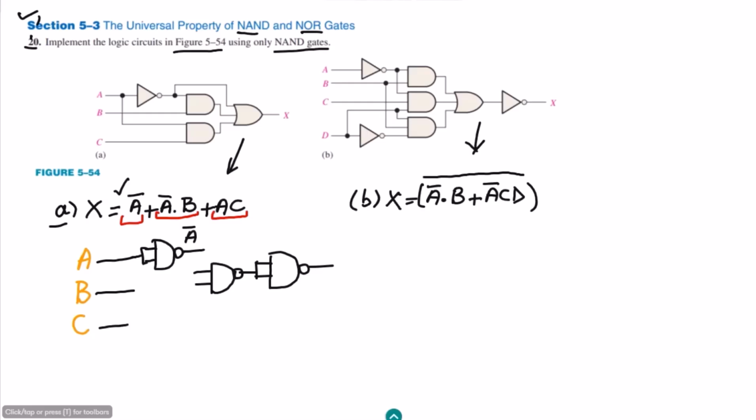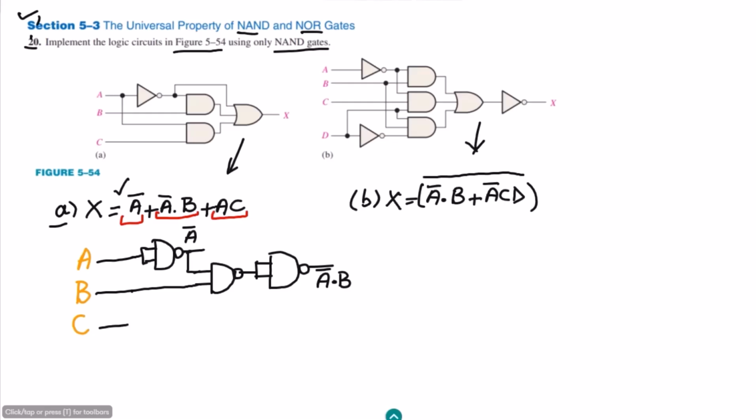So to this I have to give A complement and B. A will be here, this is B, while A complement is here. At the output of it, I will get A complement dot B.